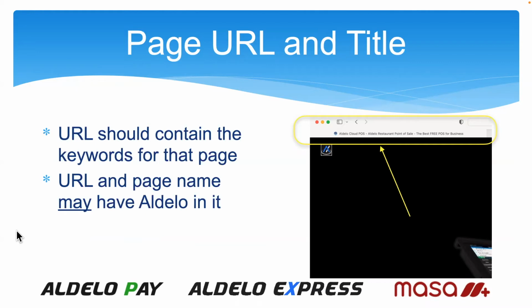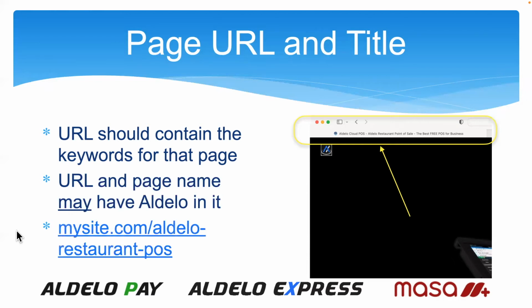When I get into the sub pages, that's where I'm going to stick the word Aldelo. So I'm following the same rules that are applied to you as a referral partner. You can't have Aldelo in the domain name, but you can have it in the URL if it's behind the slash. And you're going to see where I'm going to start putting that into my sub pages.